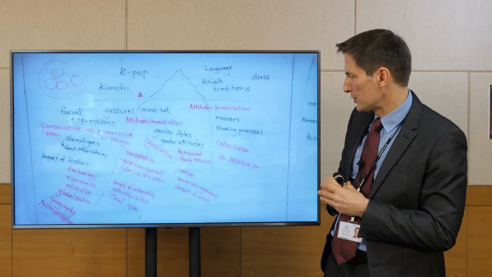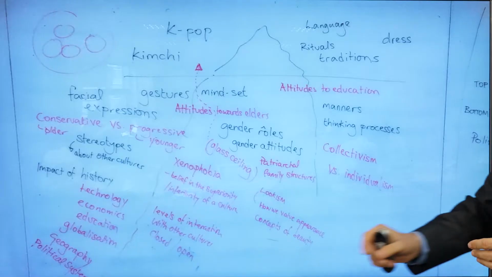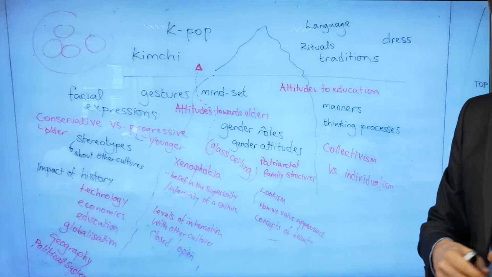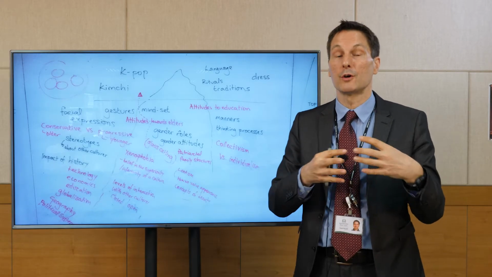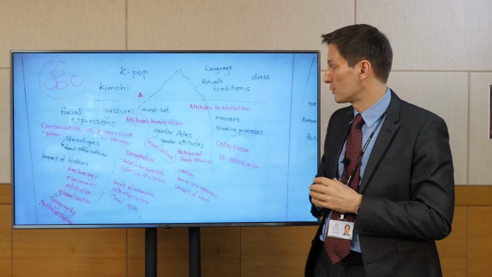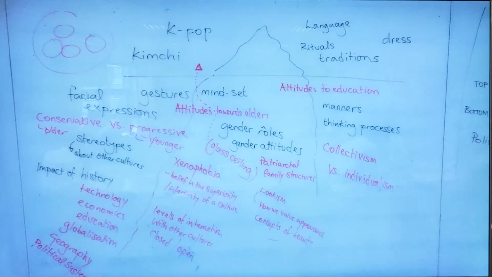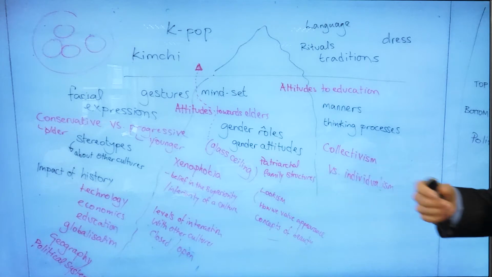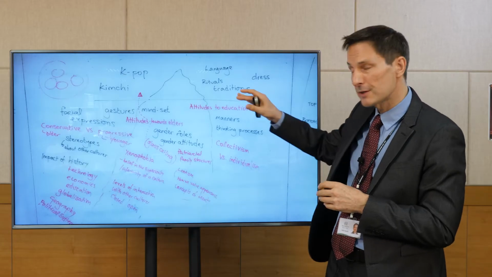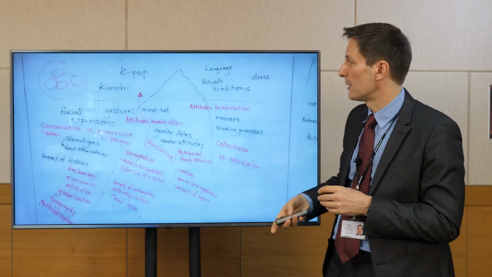They talked also about levels of interaction with other cultures and the extent to which Korean culture is either open or closed in relation to other cultures. They also came up with this idea about lookism, which they believe is quite a big part of Korean culture. So these are the kinds of ideas that students come up with.